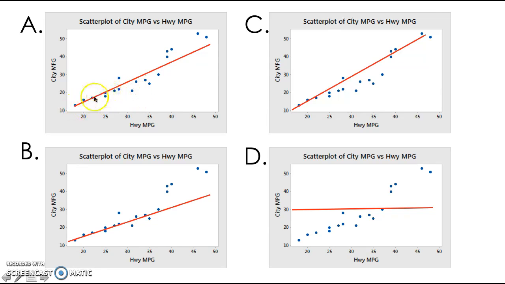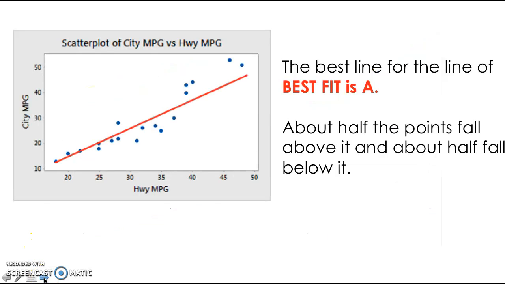And it crosses through at least 2 points on my line. So, the line of best fit for this scatter plot was choice A. Again, let's take a closer look. So you have an equal number of points plotted above it and an equal number of points plotted below it.